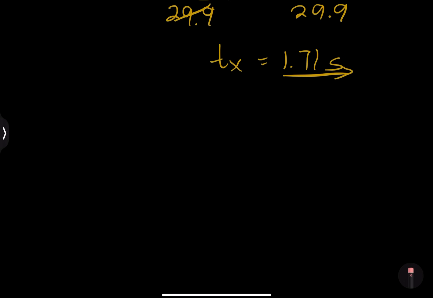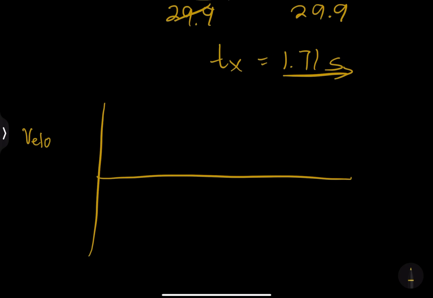Remember that when you draw a velocity-time graph, first of all, please always remember to label your axes. So this is velocity, in meters per second, and this is time, in seconds.